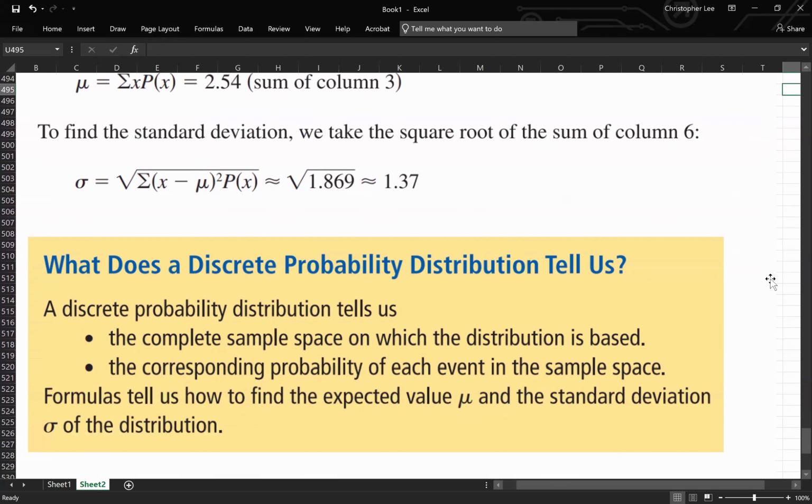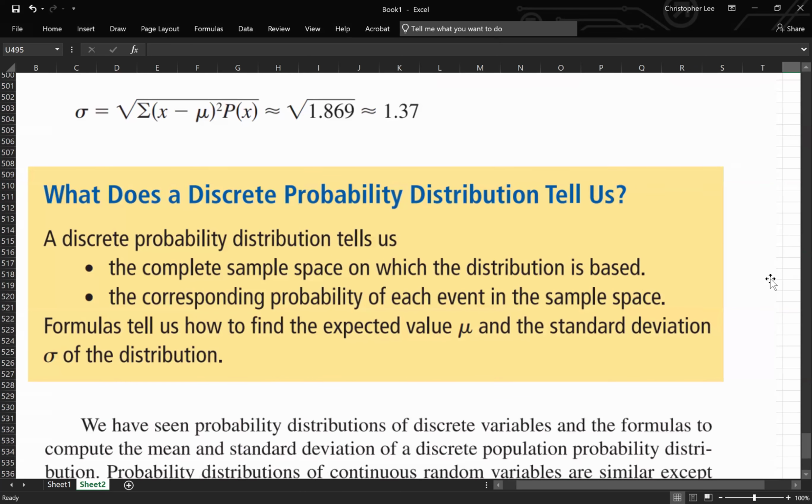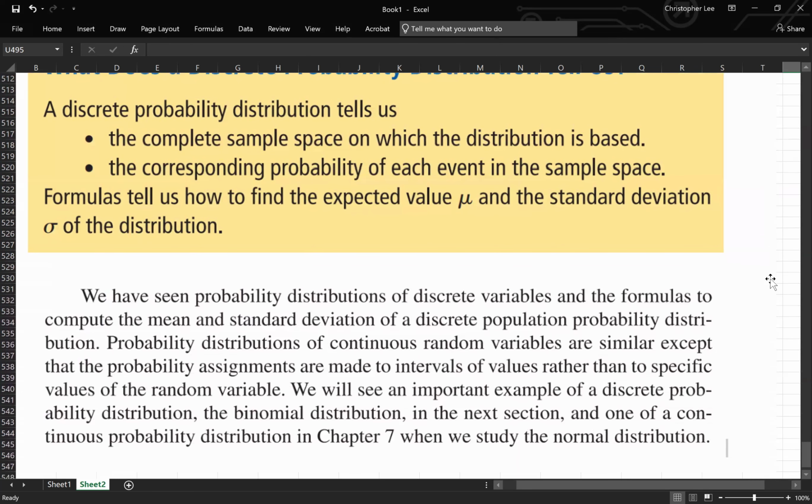So, what does a discrete probability distribution tell us, right? A discrete probability distribution tells us the complete sample space on which the distribution is based, the corresponding probabilities of each event in the sample space, and formulas tell us how to find the expected value mu and the standard deviation sigma of the distribution. We have seen probability distributions of discrete variables and the formulas to compute the mean and standard deviation of a discrete population probability distribution.